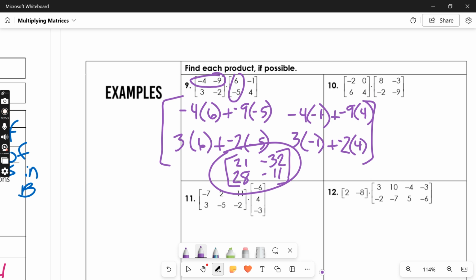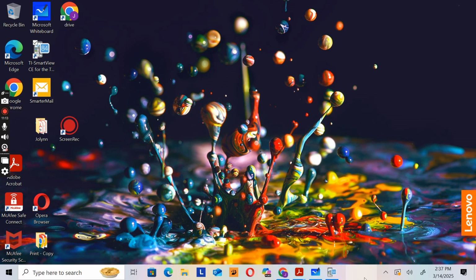Negative 4, 3, negative 9, negative 2, 6, negative 5, negative 1, 4. And if you're wanting these steps, a good place to write them would be right over here in this empty space that you have. Okay, so let's show you how to do this in your calculator.